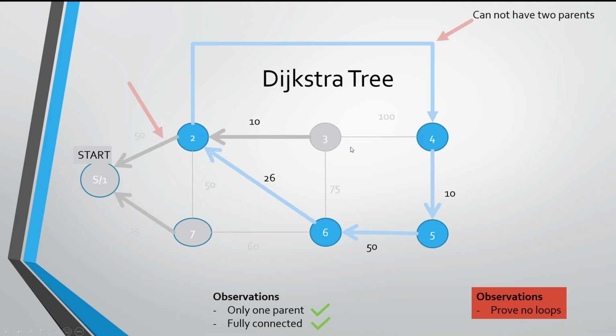So how do we prove that this cannot exist in a Dijkstra tree? The way to think through this problem is that I'm going to assume two cases. One, that the start node is within this loop, and the other, that the start node is outside this loop. If the start node is outside, you still need a path from within this loop up to the start node.